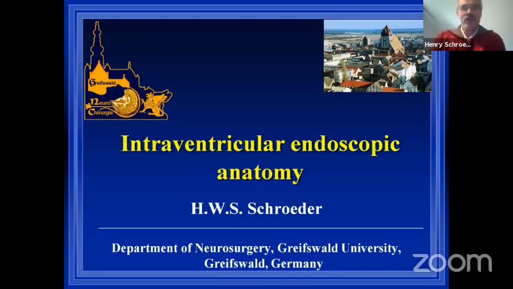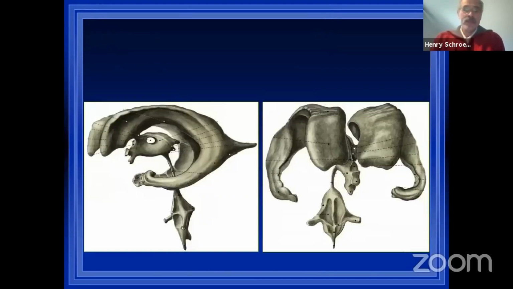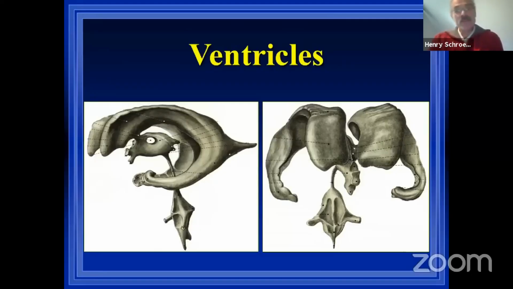Okay, so I will talk about intraventricular endoscopy. That is very important for everybody who is dealing with endoscopic cases, of course. Sometimes it's very difficult to get orientation when we have pathological conditions, such as after inflammation or after bleeding.